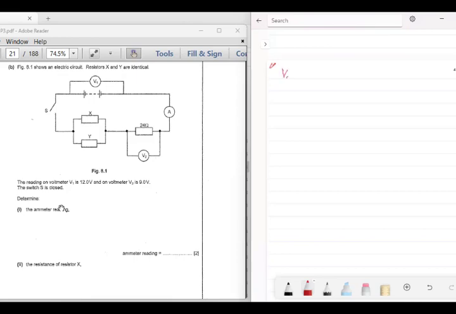So we are told V2 is 9.0 volts. Then its resistance is 24 ohms.